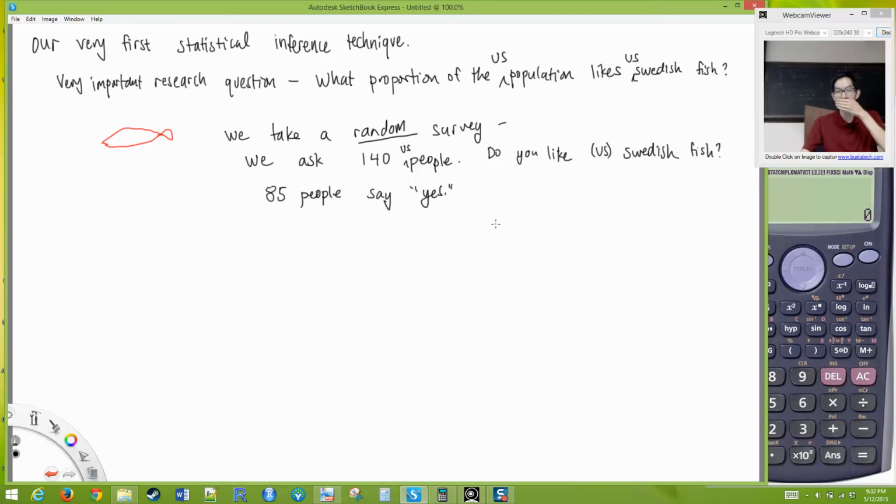What does this say about the general population of all Americans? All Americans, because that is our population in question, right?